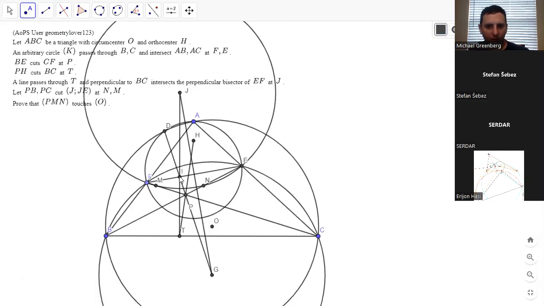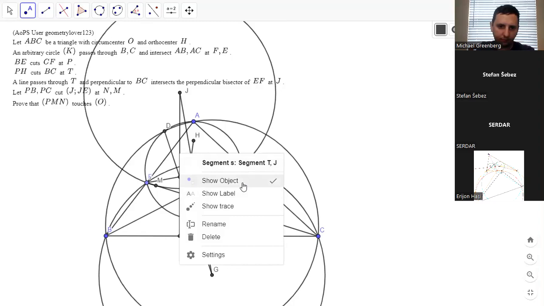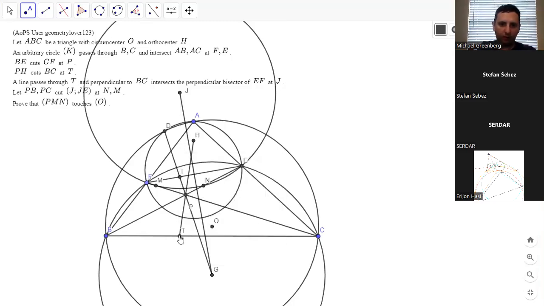So T is the intersection of HP and BC, and I is the intersection of GP and EF. We show that TI is perpendicular to BC. That's like a subproblem.